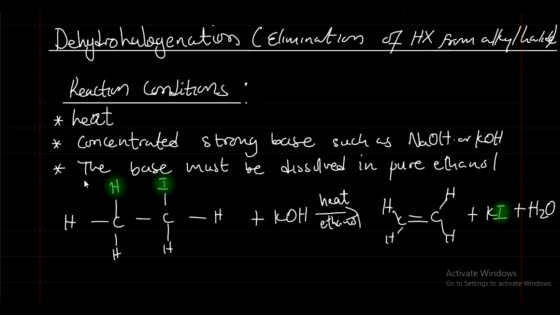Okay guys, if you check here, the H that was eliminated is going to join the OH to make water, and then the I is going to join the potassium cation to form potassium iodide. Okay, so let's go to the next example.